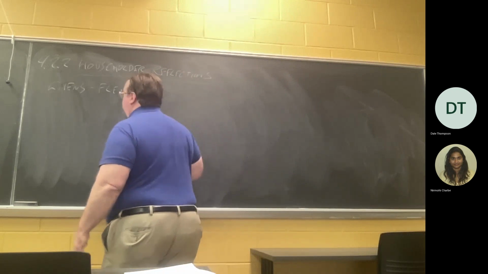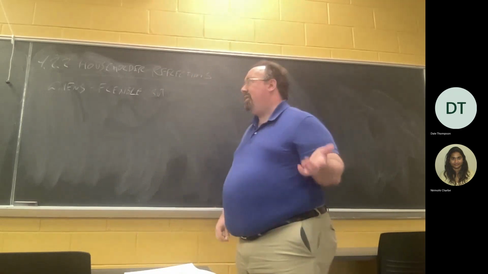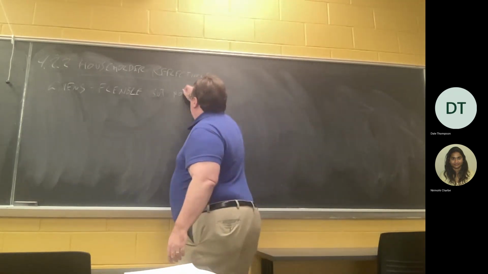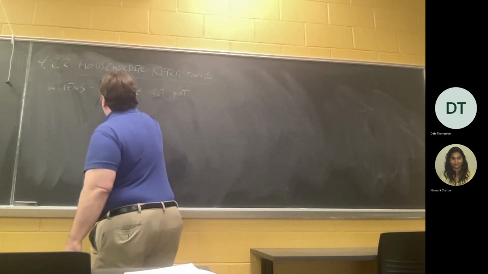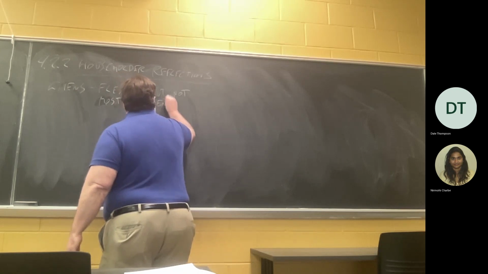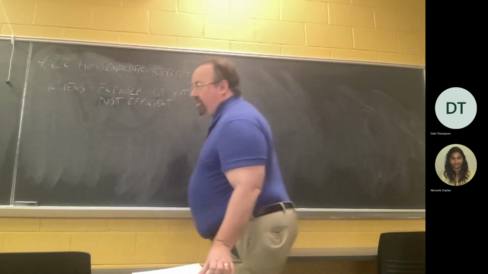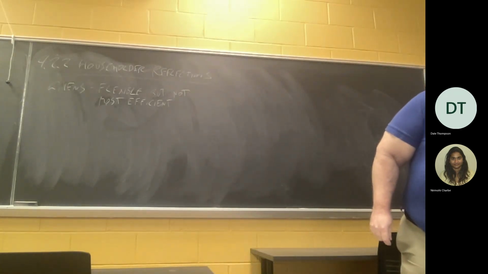But for the general case, if you just have some n by n matrix and you want to QR factorize it, Givens is reasonably efficient, but it is not the most efficient. So that's the main reason why we're going to look at Householder today.